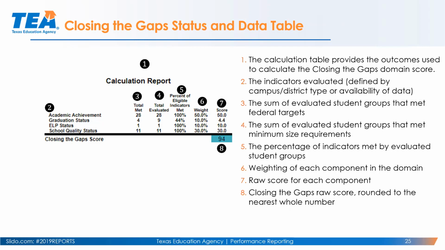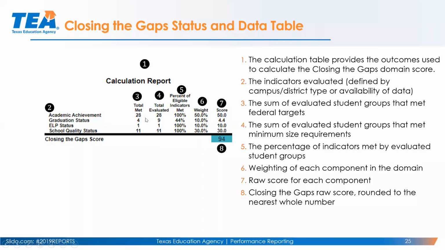So how do I read this calculation report? Let's start off with academic achievement. Academic achievement looks at, in this case, the total count of student groups that meet minimum size to be evaluated. So they had enough students to be evaluated, which was my denominator, 28.